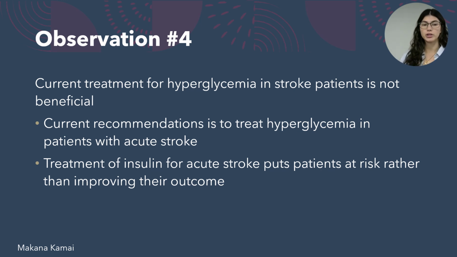But with further research, despite using insulin, which is the usual treatment for diabetic patients, it was not showing improvement in the outcome of acute stroke patients. Rather, it was causing harm and putting them at risk for hypoglycemic episodes.